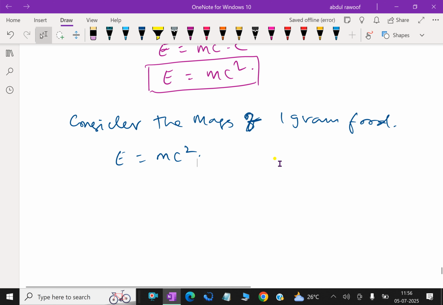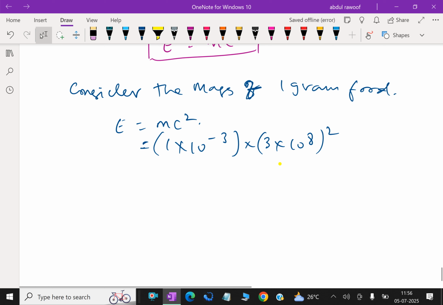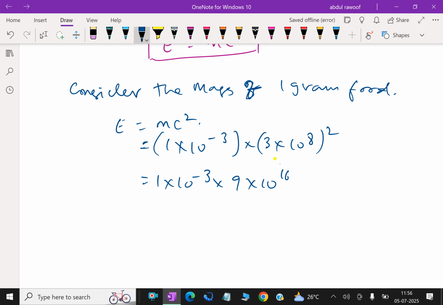What happened? Look here. The mass of 1 gram is of course 1 into 10 to the power of minus 3 kg, into c, the velocity of light, 3 into 10 to the power of 8, squared. Which equals 1 into 10 to the power of minus 3 into 3 squared, which is 9, into 10 to the power of 16.